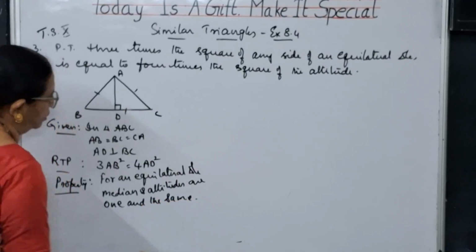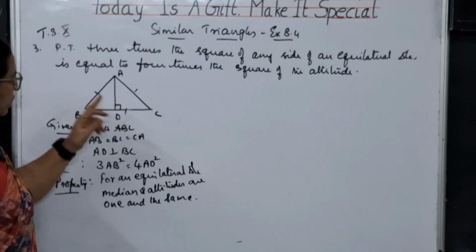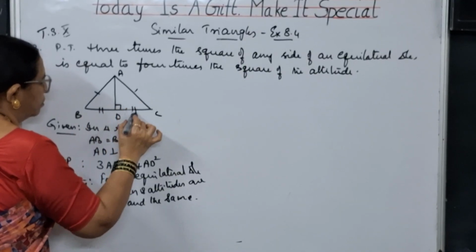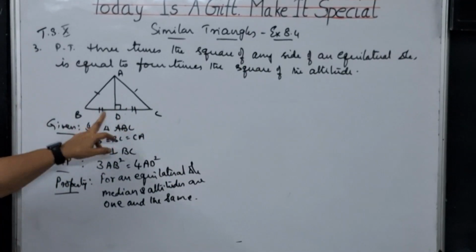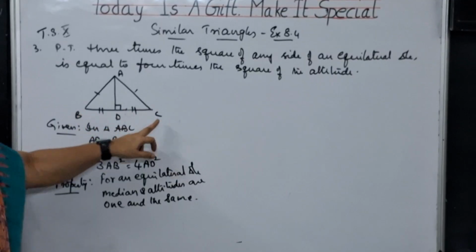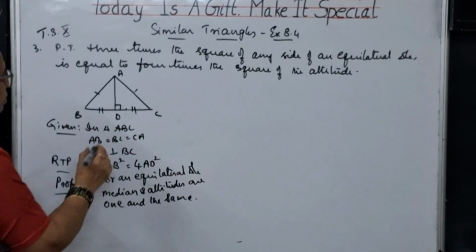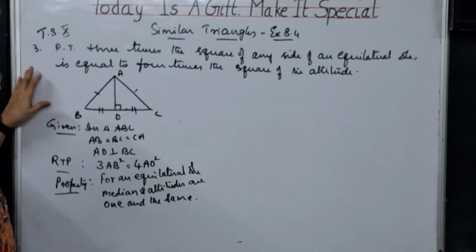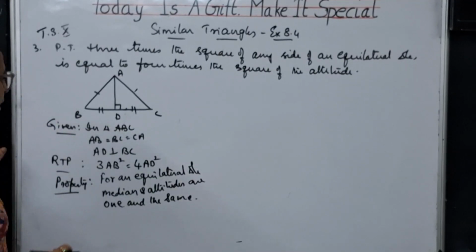What do you mean by this? Not only AD is perpendicular, AD bisects BC. BD and DC are equal. This is why, because of an equilateral triangle. That is why it is mentioned that it is an equilateral triangle.